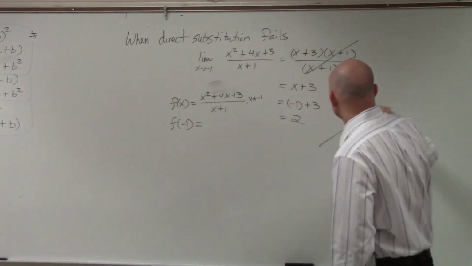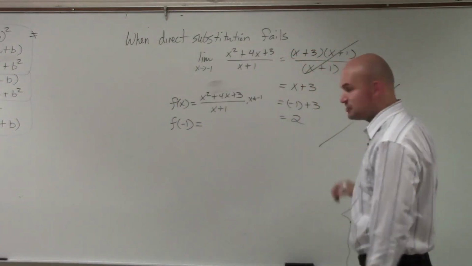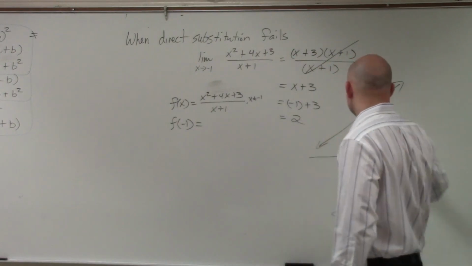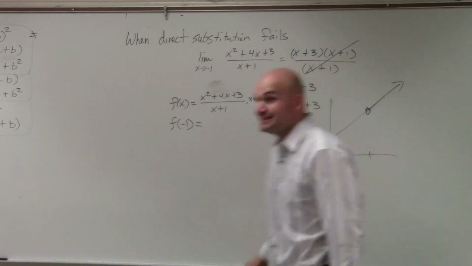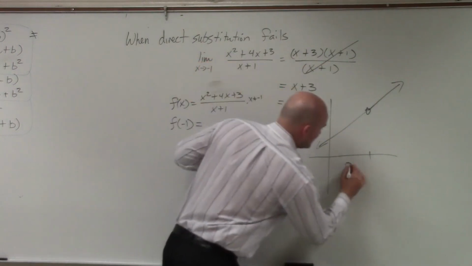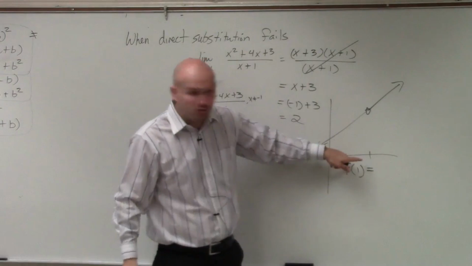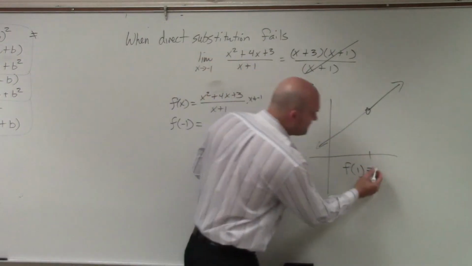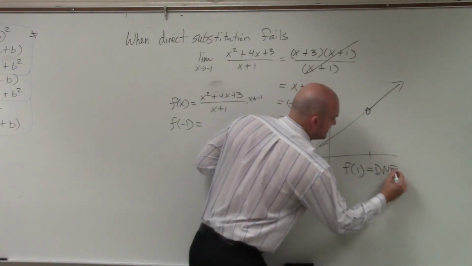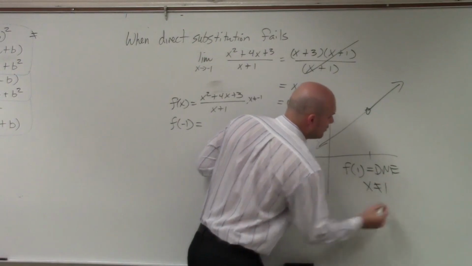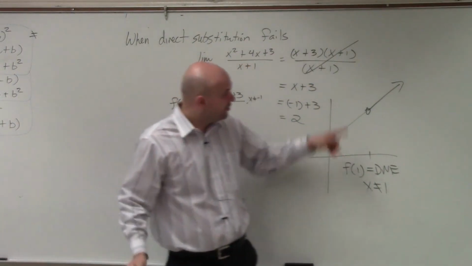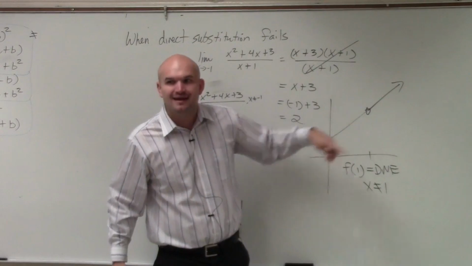Because there's a difference. This function, at whatever that number is, let's just say 1, that function, f of 1, doesn't exist, right? X cannot equal 1, right? The f of 1 does not exist. X cannot equal 1. So whatever that function is, there's a hole there. It can't exist.